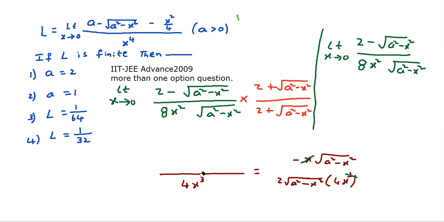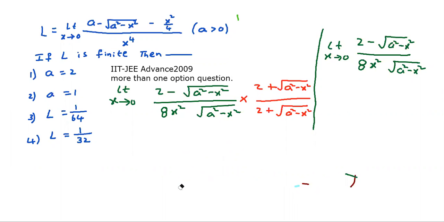Now the numerator is nothing but a plus b times a minus b, which you can write as a square minus b square. Now this is limit x tends to 0, a square minus b square, that a square is 2 square, that is 4, minus of a square minus x square, minus of minus plus x square, right?